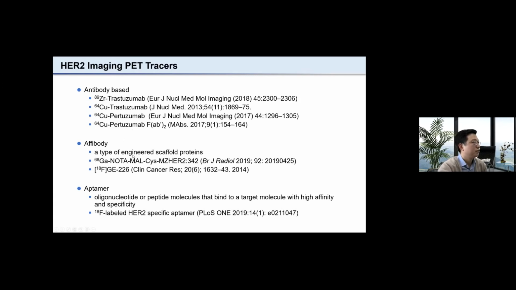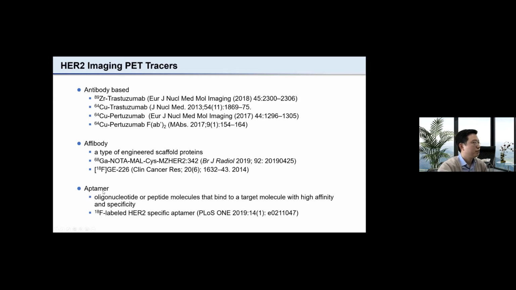Affibody is a type of engineered scaffold protein that has a specific binding affinity to a target. So this Affibody was developed to target HER2, and gallium-68 was labeled, or another type of Affibody was reported, and F18 was labeled to it to see the HER2 status in vivo with in vivo imaging.